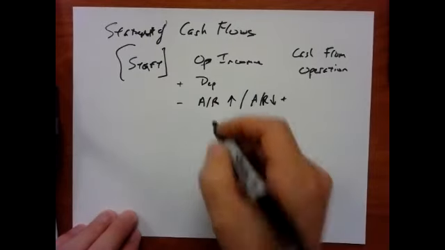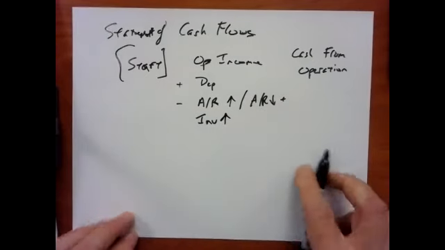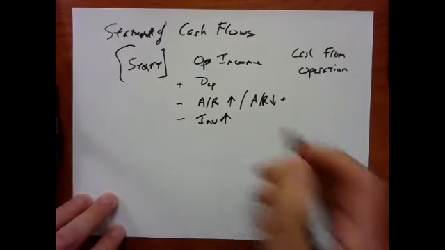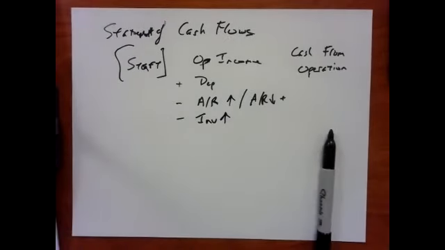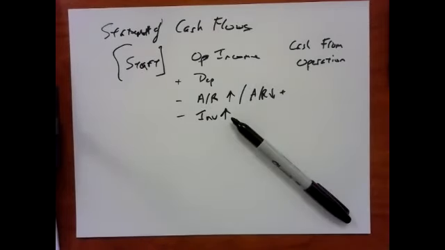If we have an increase in inventory, what happens to our cash? Think about it this way. In order to increase my inventory, what do I have to do? I have to spend cash to buy the inventory. So if my inventory goes up, my cash goes down. I'm going to reduce the operating income by the change in inventory.